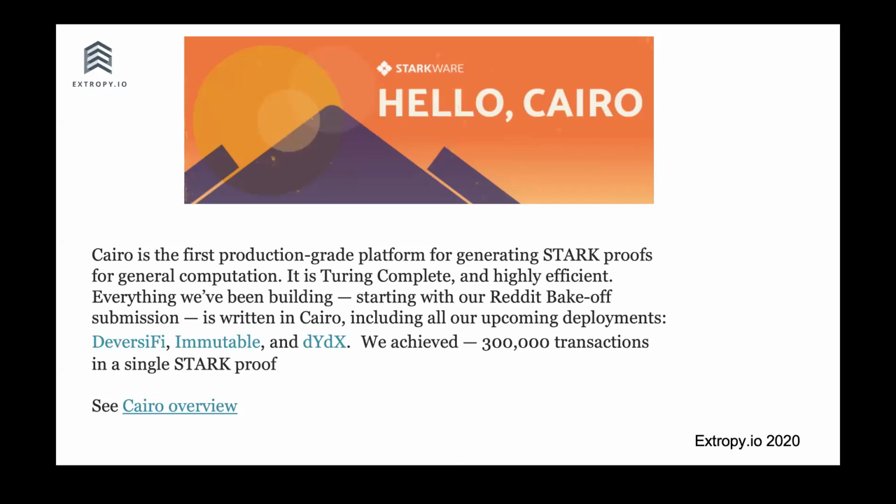So this is effectively what you might be doing in your smart contract, but being able to offload this into a proof in their Cairo programs. They had the remarkable achievement of getting 300,000 transactions into one proof. That proof took a while, I think it went over 8 blocks or so, so it wasn't 300,000 transactions per second.